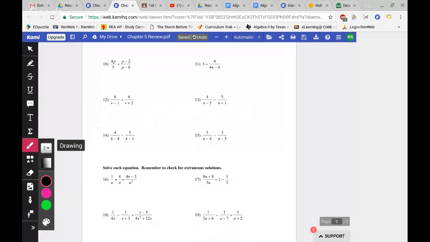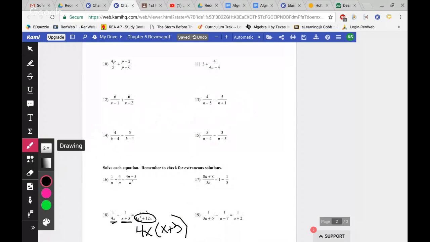Knowing the very first thing that you need to do is factor everything to its smallest piece, I know that I can factor out a 4x from here, and that's going to leave me an x plus 3. Well, lo and behold, good for us, that 4x is here, and that x plus 3 is here. So this thing right here incorporates both of those other two pieces of those denominators.